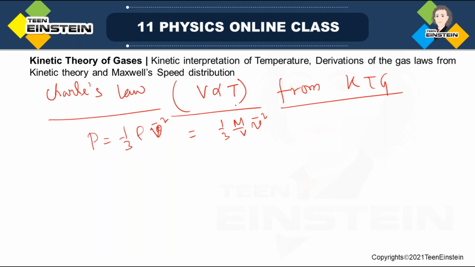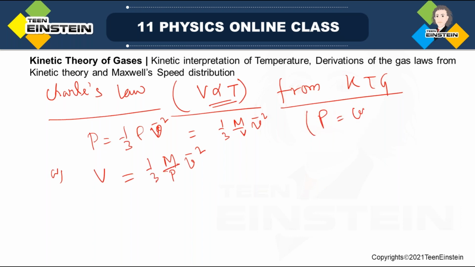Now, in place of P, I'll just take this V over here and write 1/3 M by P. So in Charles law, what is the statement?